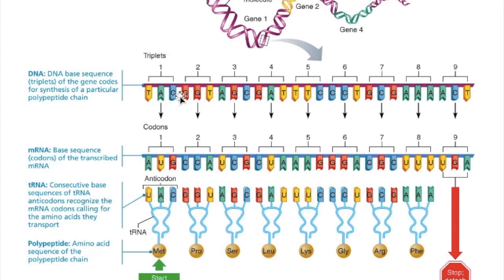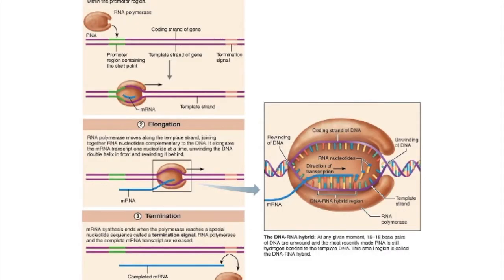So TAC becomes AUG, GGT becomes CCA, because when we create an mRNA transcript, it's going to be complementary, the typical pairing that you would see from DNA to RNA.